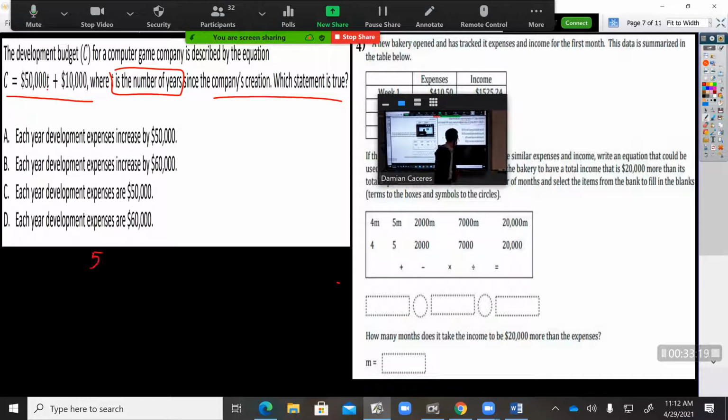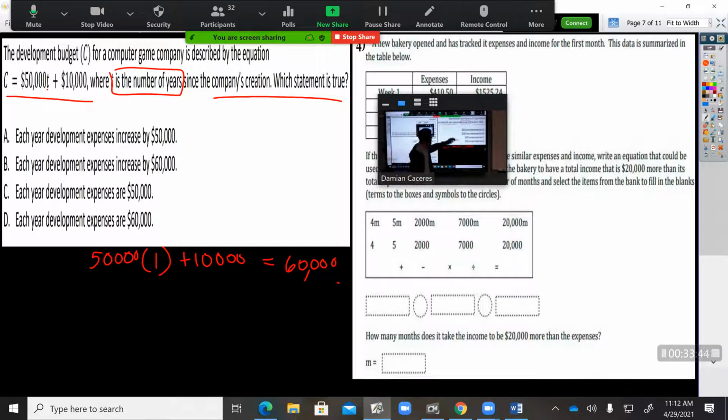Grab the equation. 50,000 times 1 plus 10,000. And let's get a value for it. So 50,000 times 1 is 50,000. 50,000 plus 10,000, 60,000. You see what I did there? I just plugged in a 1.